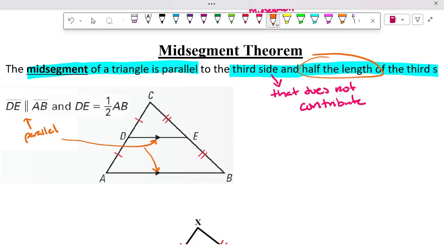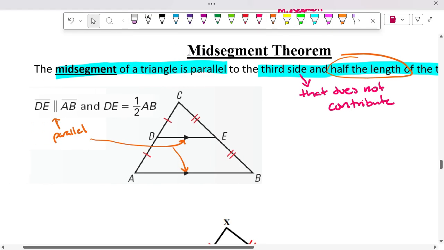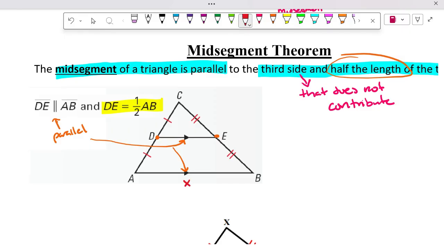Now, this is another example of tick marks. You could see this with 1 arrow, you could see it with 2, you could see it with 3. It just depends. Now, that means that this segment right here is half the length of segment AB. So for example, let's say this length was X. That means this length would be 1/2 X.